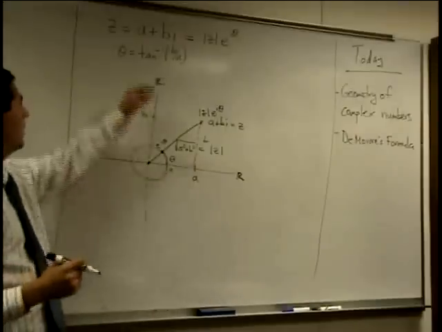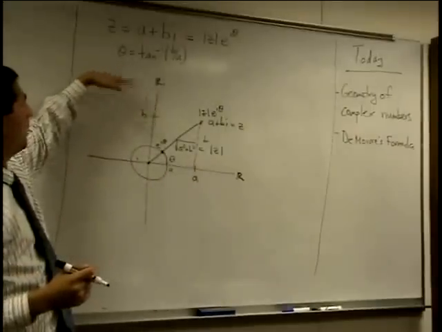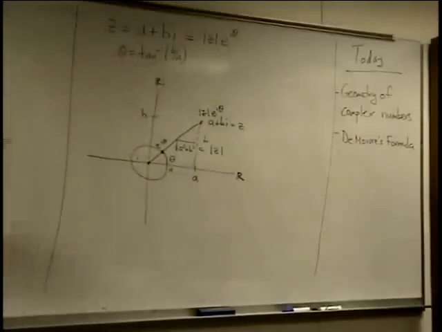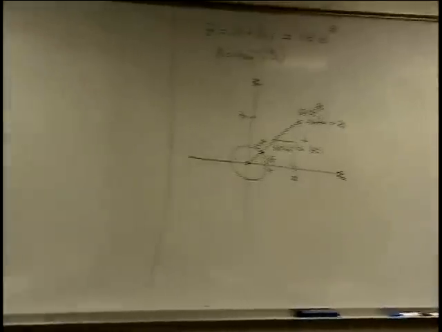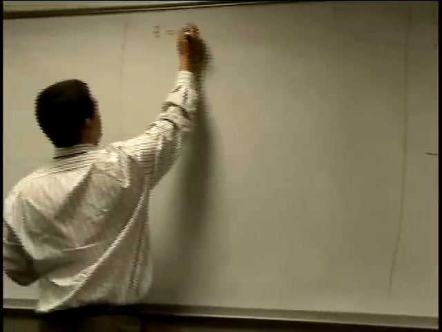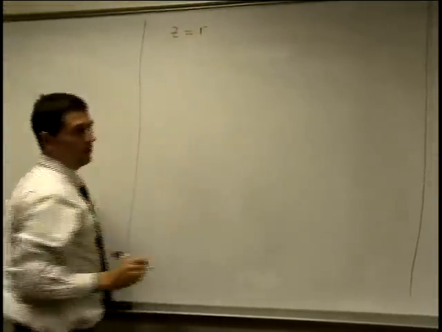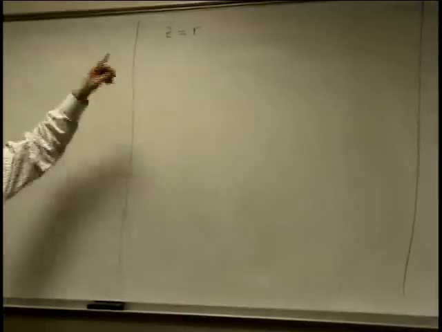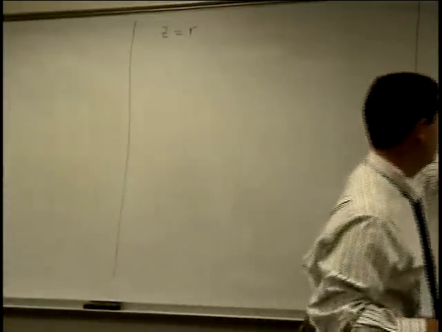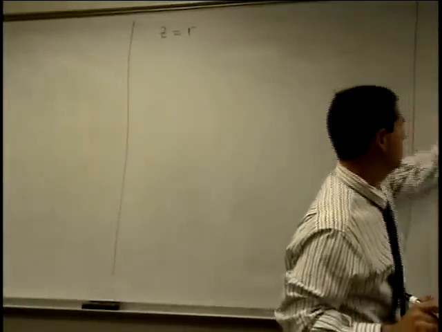Now, let's write it down. We're going to immediately come up with a convention to deal with this problem of there being too many thetas. If we write z equals r, where r is instead of the norm of z, but it means the same thing, the length of this vector from the origin to z.